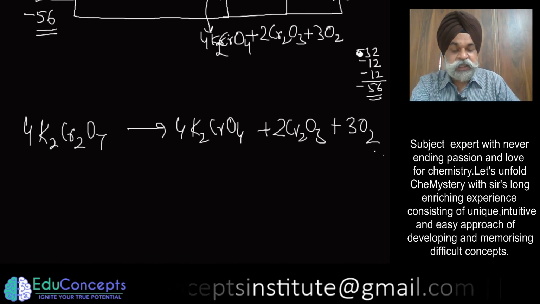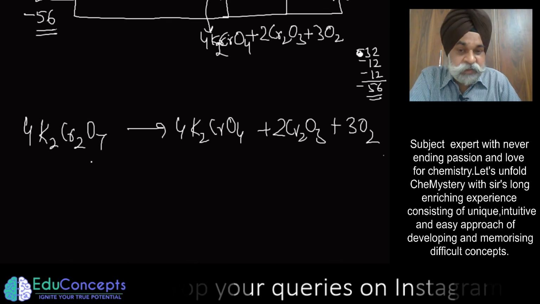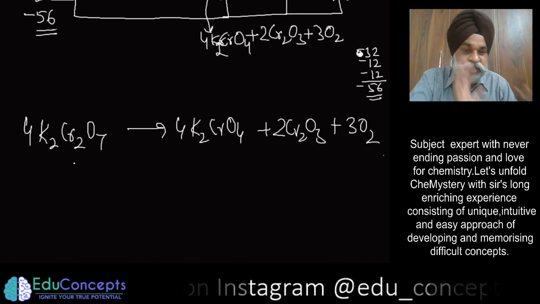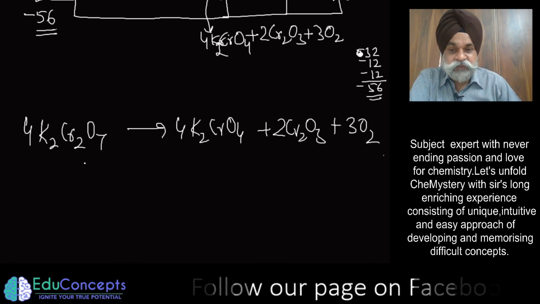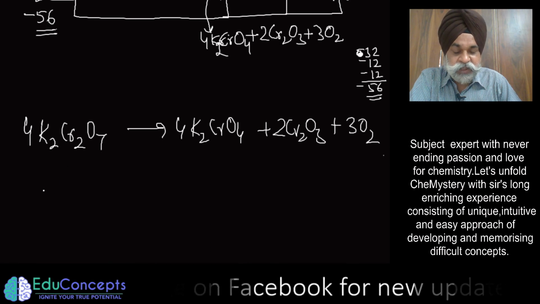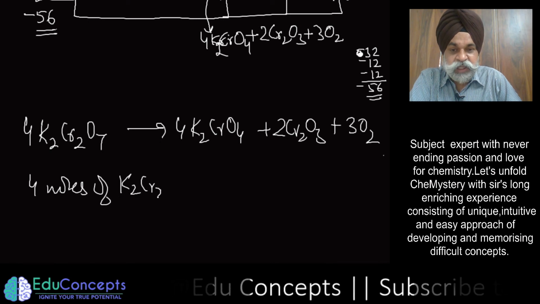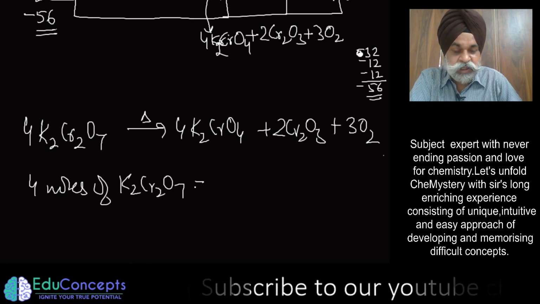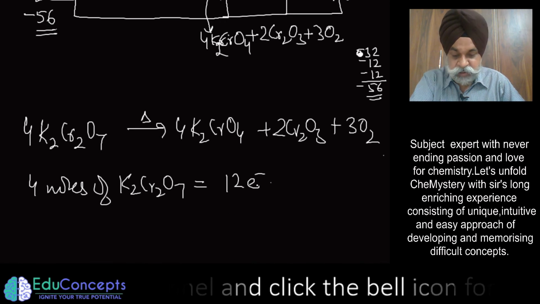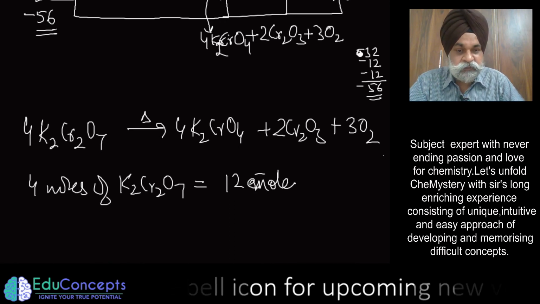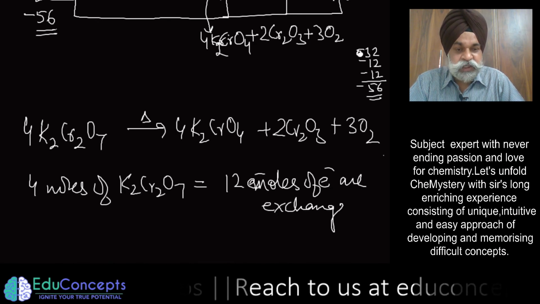The interesting part is, if somebody asks you the other way around in IIT Advanced or NEET examination, they may simply ask how many electrons are being exchanged in this reaction. So we are able to see that within the 4 moles, the 4 moles of potassium dichromate during this reaction are exchanging 12 moles of electrons.